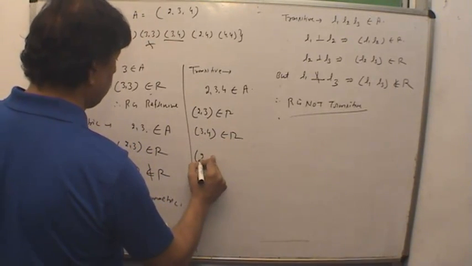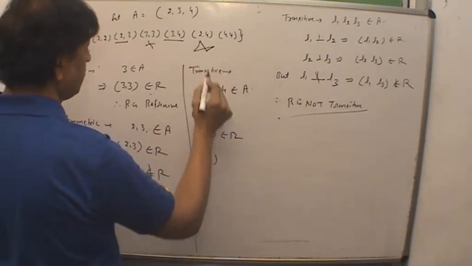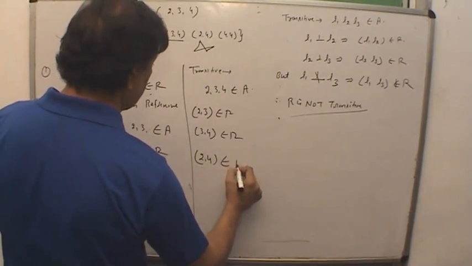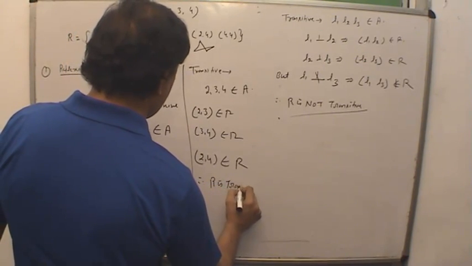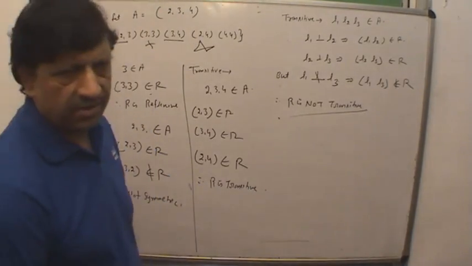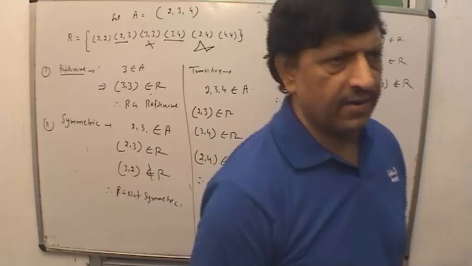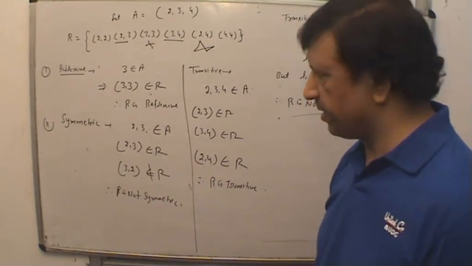And what about (2, 4)? It also exists in the relation. (2, 4) also belongs to R. Therefore, R is transitive. This way we can check the properties reflexive, symmetric, transitive and antisymmetric.